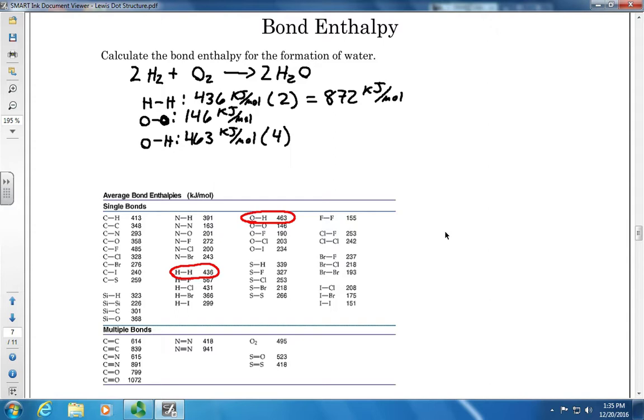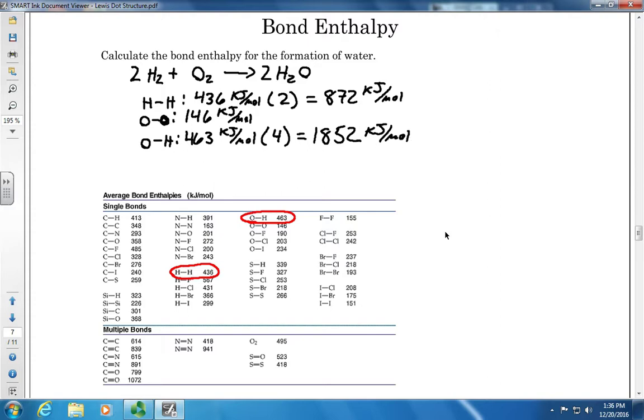Why times 4? Well, for each water molecule, there are two hydrogen-oxygen bonds, or two oxygen-hydrogen bonds, however you want to phrase it. And we make a total of 2 waters. So 2 times 2 is 4. And that gives us our multiplier, which gives us a total of 1,852 kilojoules per mole.